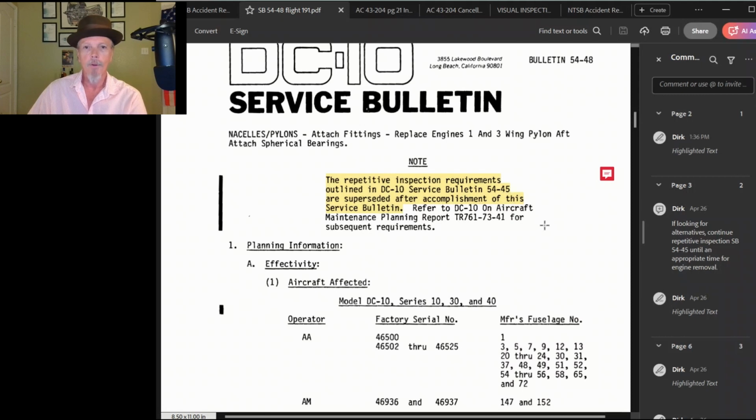So 5435 would have you, after so many hours, look at this bearing and see what condition it was in, and then at that point you would make your determination. So you could do this service bulletin, but until you do this service bulletin, you have to do that one.